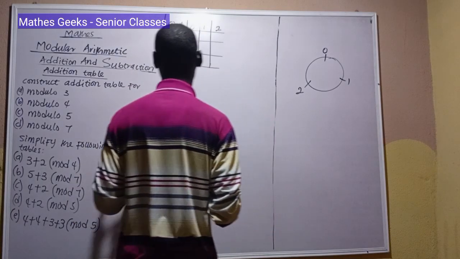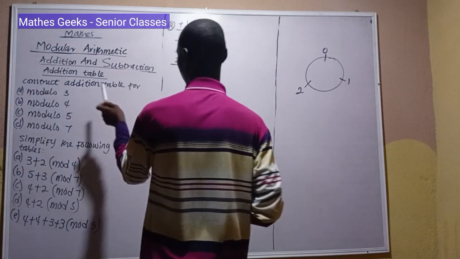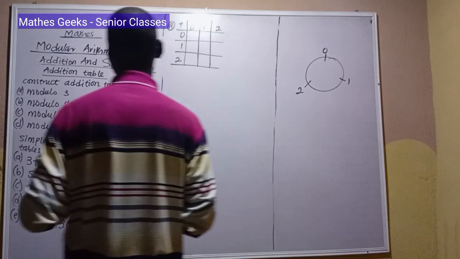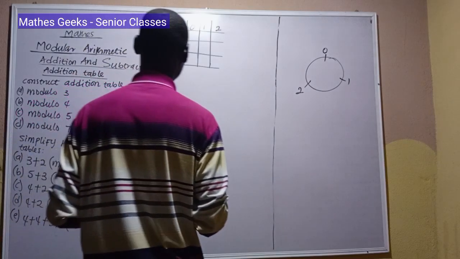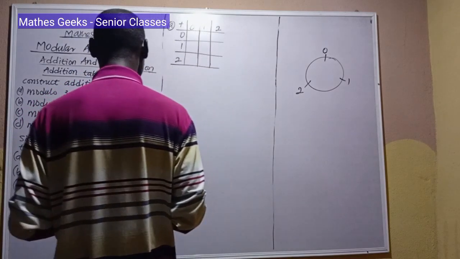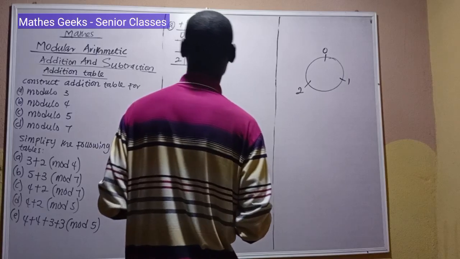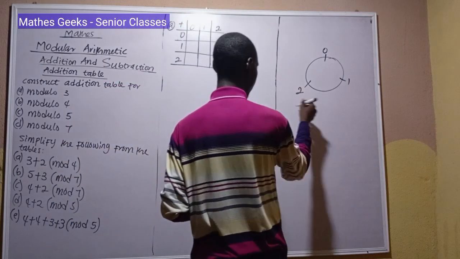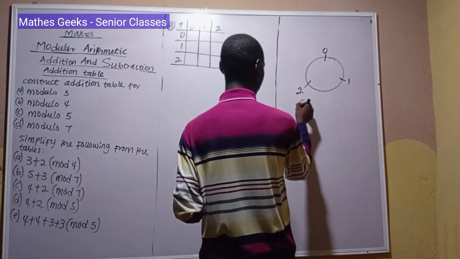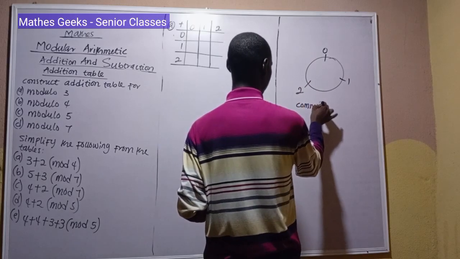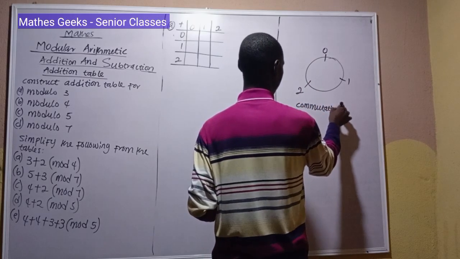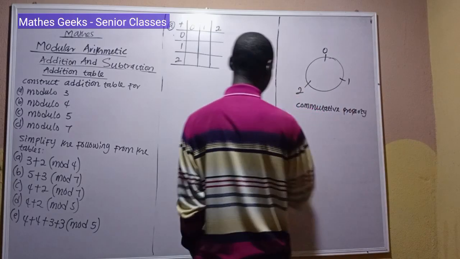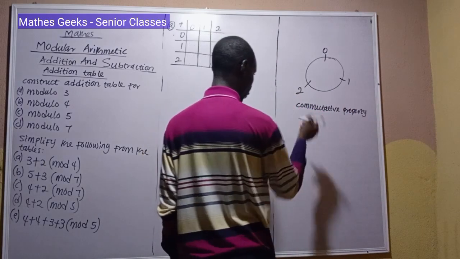There's something you need to know, because after we construct the table for addition, I'm going to construct a table for subtraction. Now, one thing you need to know is that for addition, there's what is known as the commutative property, and it means that order is not important.